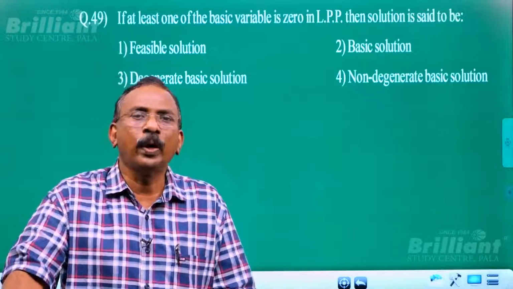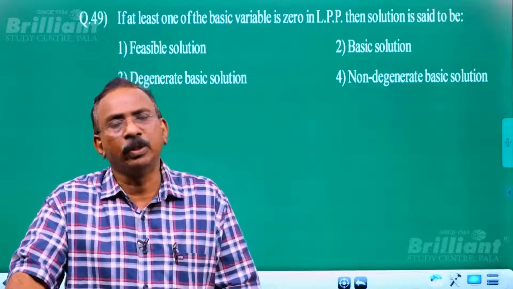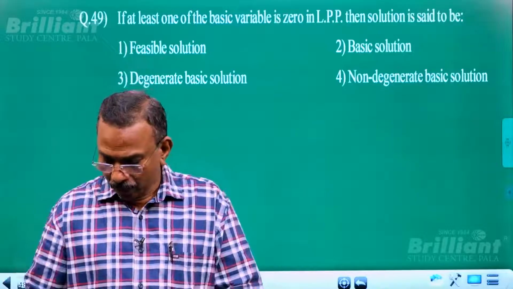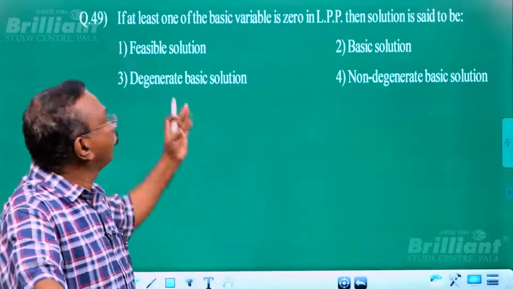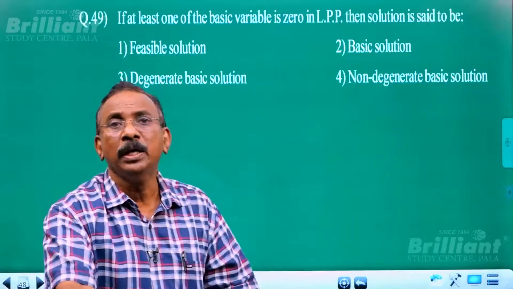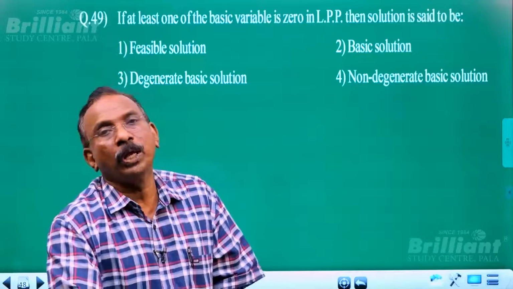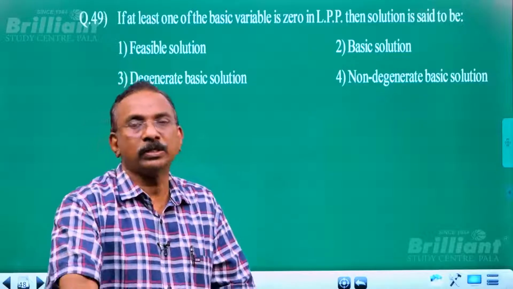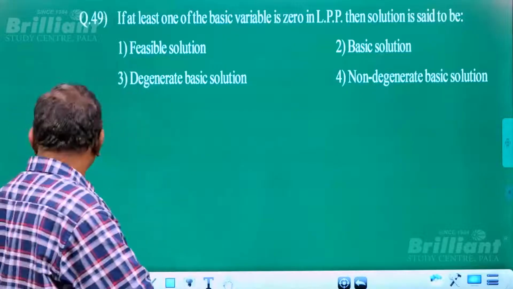Otherwise, it is very hard to identify. So the minimum situation, x, y, etc., should be positive in the condition. That's what we define as a degenerate solution. We can easily identify this by going through the definitions relating to linear programming theory.